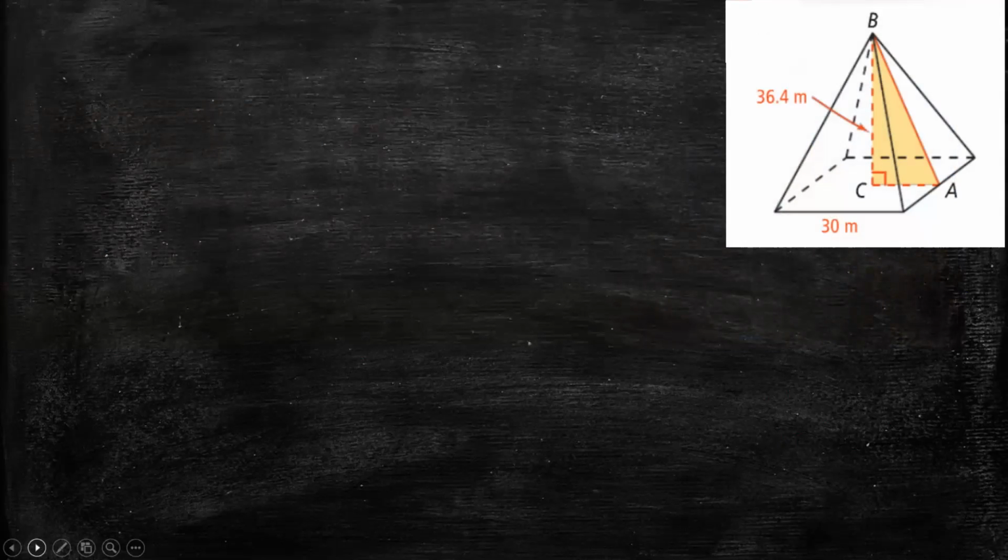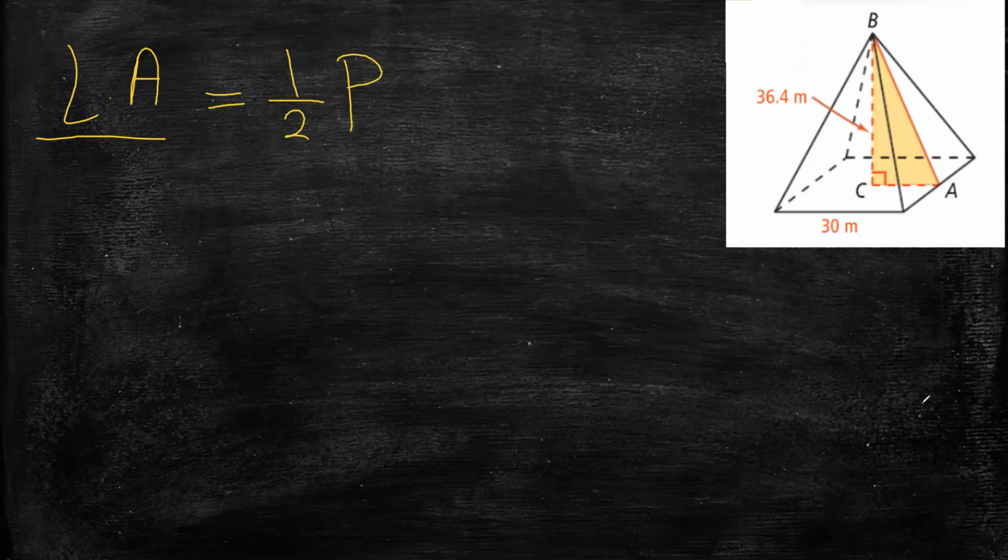So here now, they ask me to find the lateral area. As you said, the lateral area is half the perimeter of the base times the slant height. Now look at the base here. What is the shape of the base? Square.